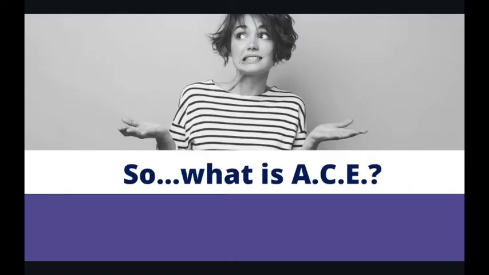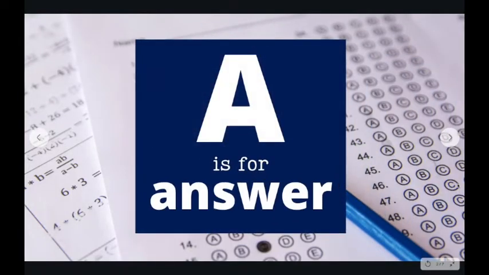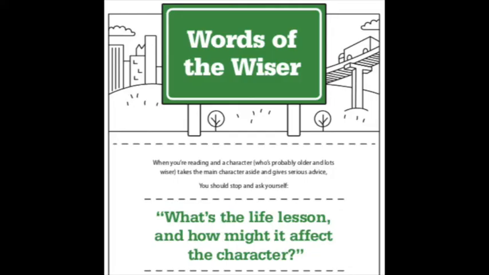So you probably heard me say ACE several times before. So what is it? What is ACE? ACE stands for answer. Answer is your prompt answer or your question answer. A lot of times in the beginning, we're doing what we call signpost.